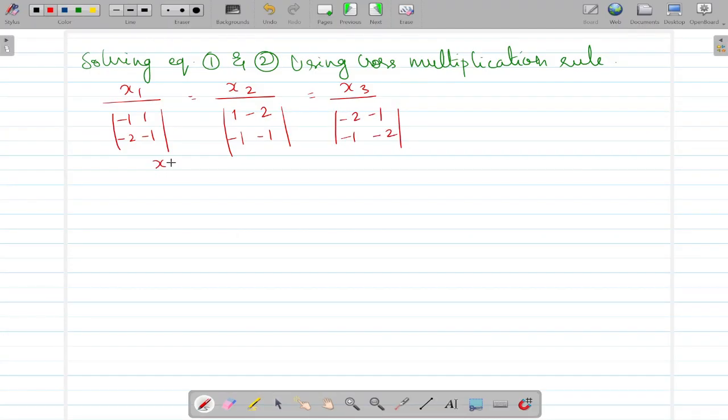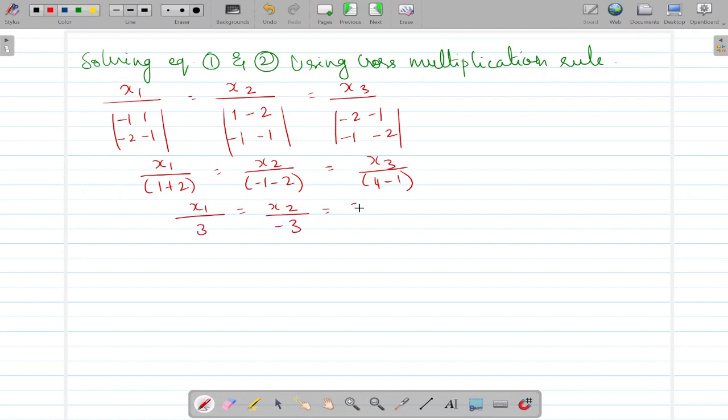Now you do the cross multiplication. 1 plus 2, minus 1 minus 2, 4 minus 1. By solving this I get x1 by 3, x2 by minus 3, x3 by 3. Now I multiply this equation with 3.